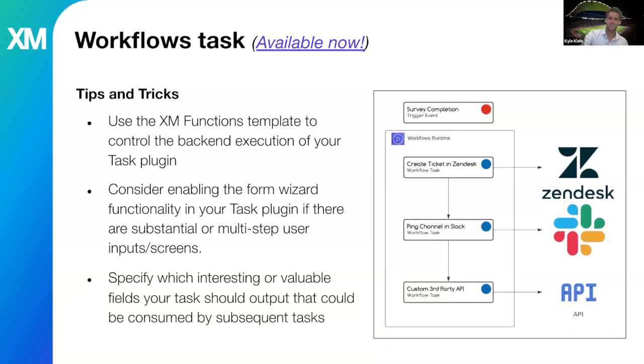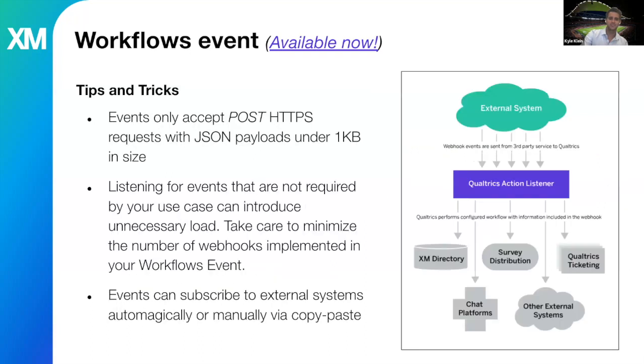So let's go there next and look at some of their tips and tricks. For workflows events, there are also 3 tips that I wanted to cover, and these are more just limitations or things to be aware of. Post requests are accepted at only POST and with JSON as the payload, so just be aware of that.